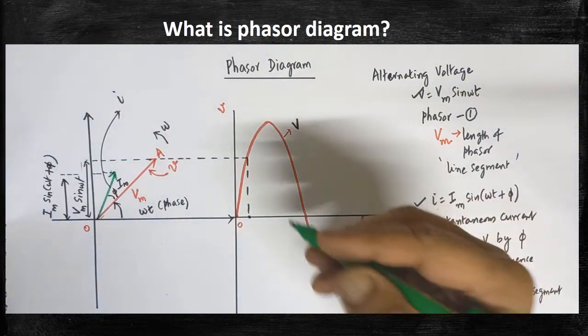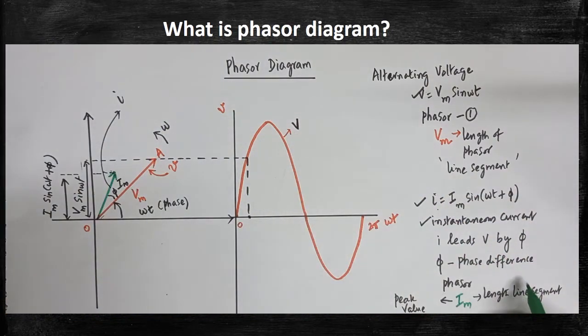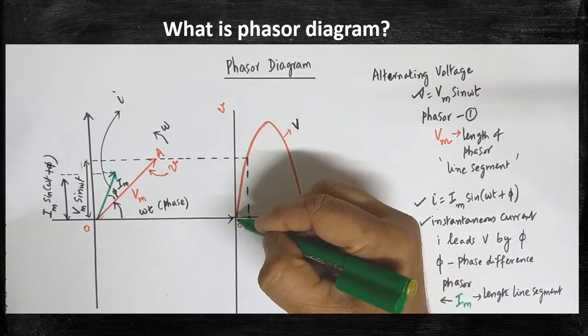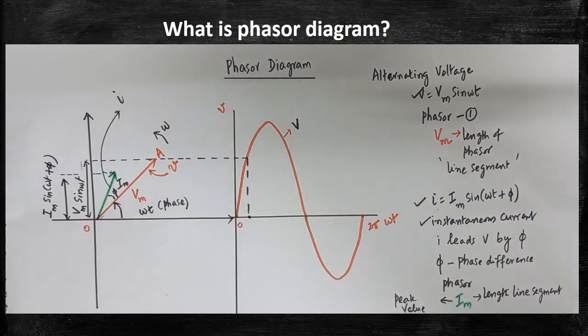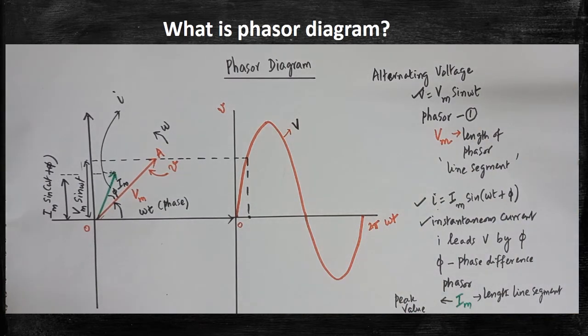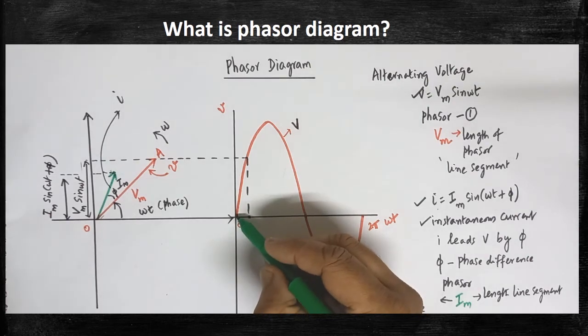Like this, we can draw one more graph for the instantaneous current. Instantaneous current is leading. Therefore, while drawing the graph for current, it should not be started from the origin.